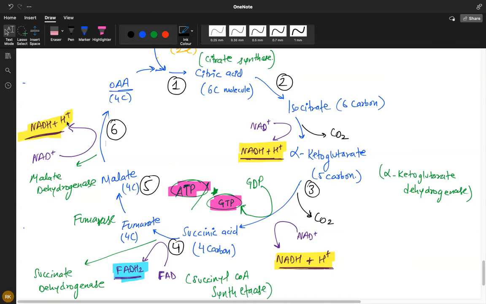So we can take this GTP as a proxy to this ATP. Okay, is that clear?